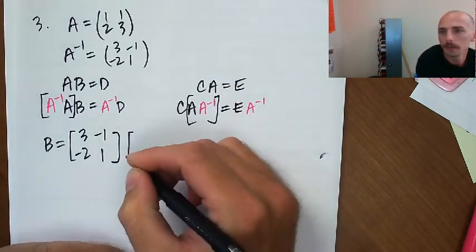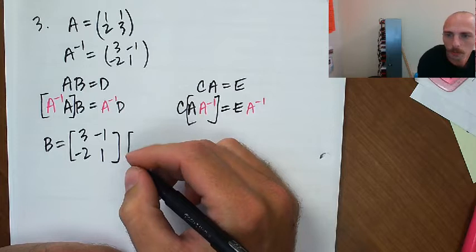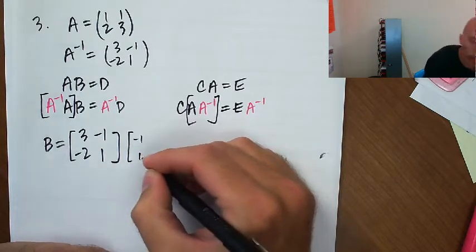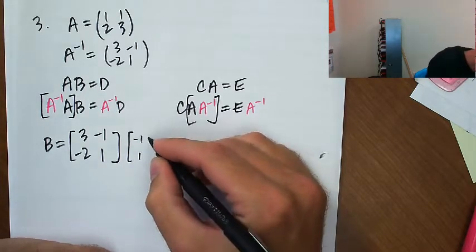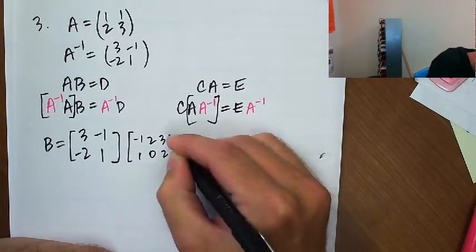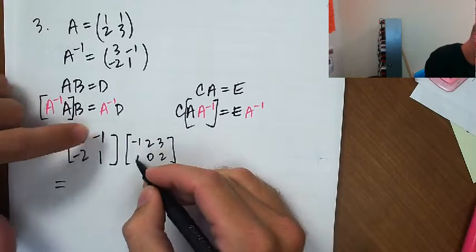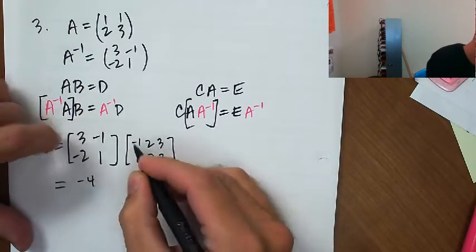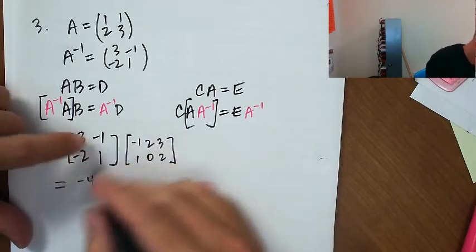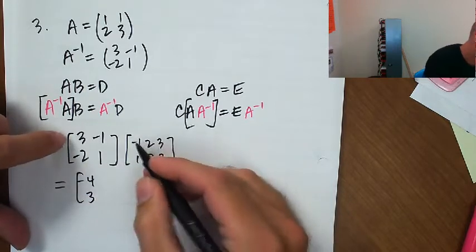Okay. So I'm going to say, okay, A inverse we decided was 3, negative 2, negative 1, and 1. D is, where is it? It's kind of wide. Negative 1, 1, 2, 0, 3, 2. Which is going to be negative 3 minus 1. Go down, 2 plus 1 to the right.